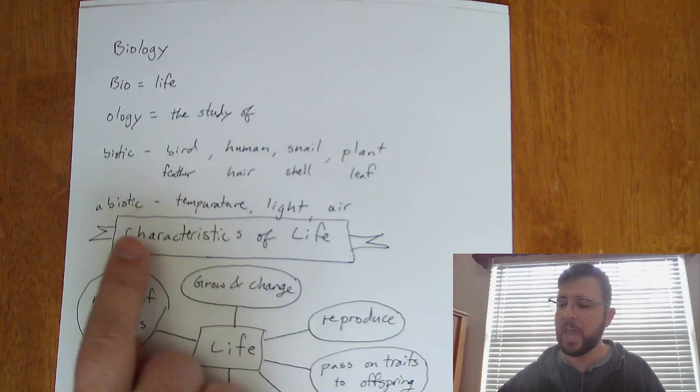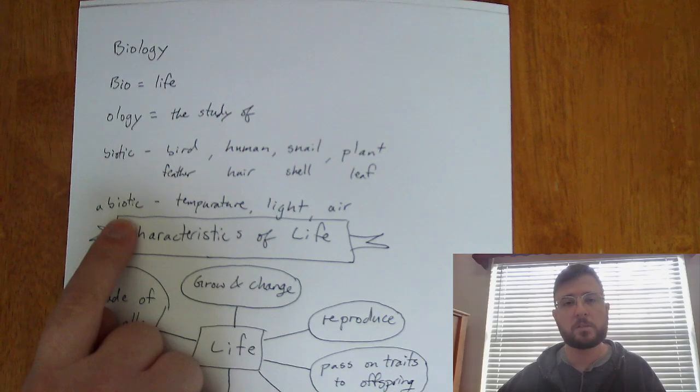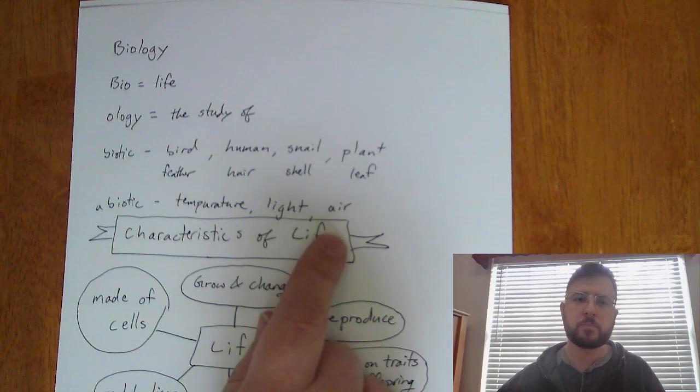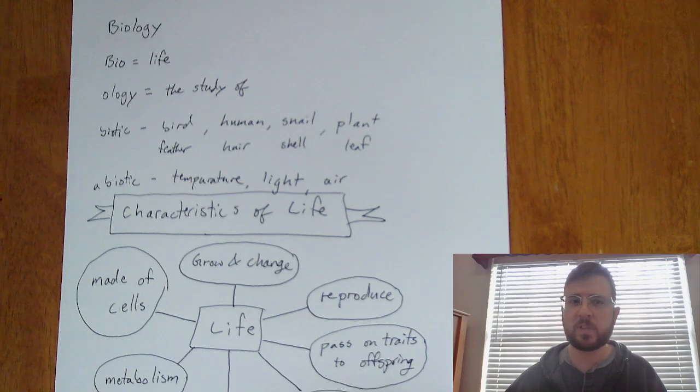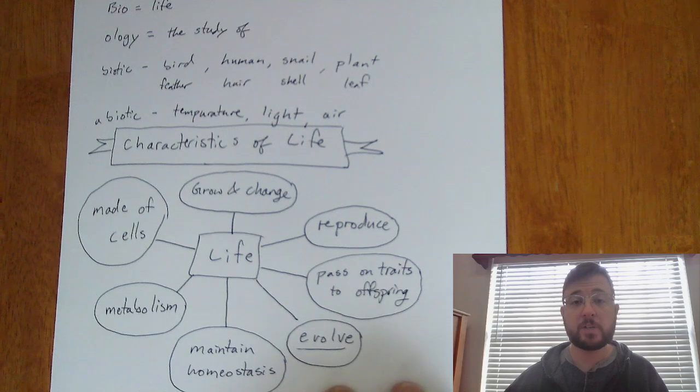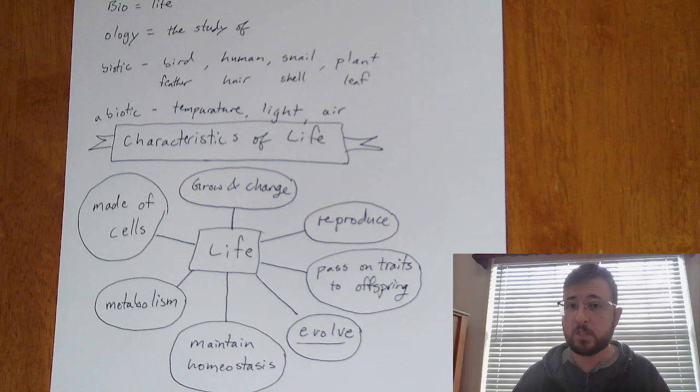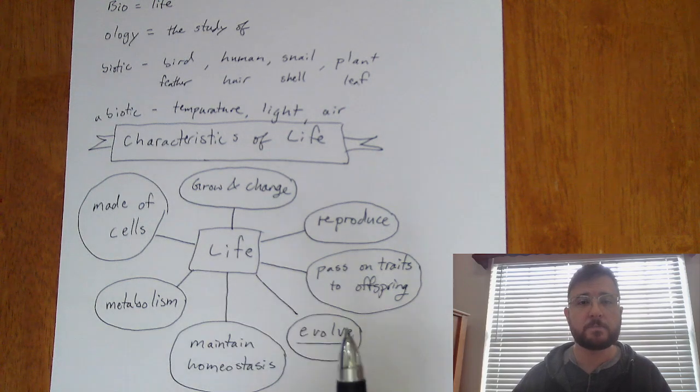And we've talked about abiotic things that are not considered alive, like temperature and light and air. We talked about the characteristics of life and how viruses aren't really considered to be alive, but if you want to be considered alive, you have to be able to do all of these things.